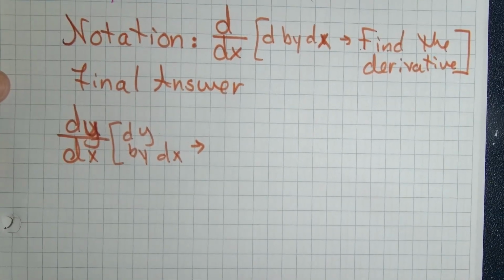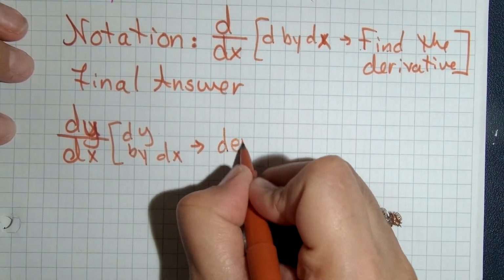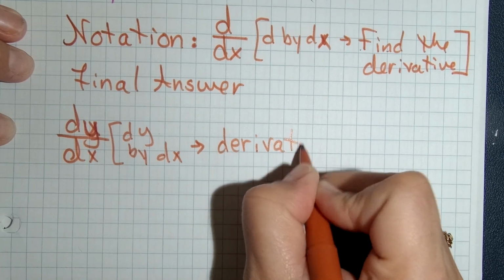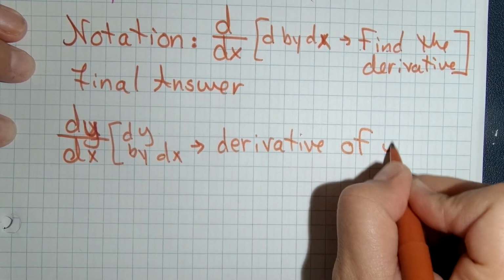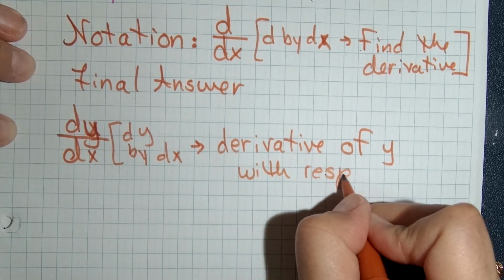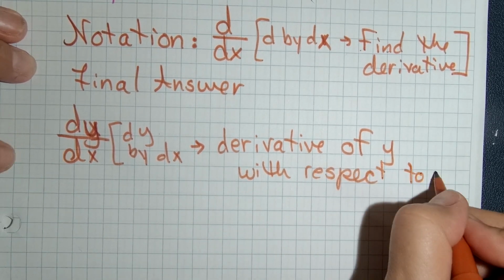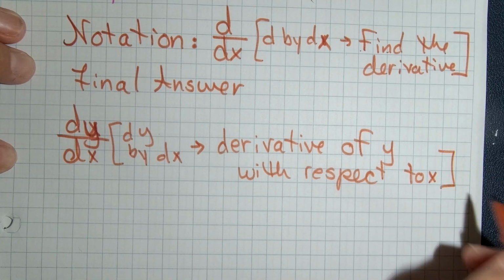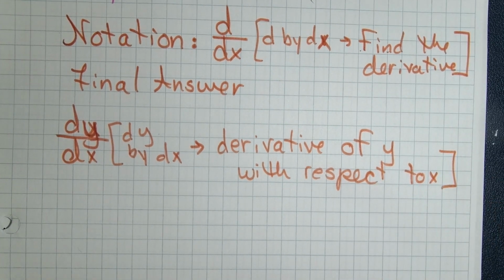What this means is that this is the derivative of y with respect to x. We're going to have some kind of y equals. That's what that means. It's a derivative based on y, but we use x as the independent variable.